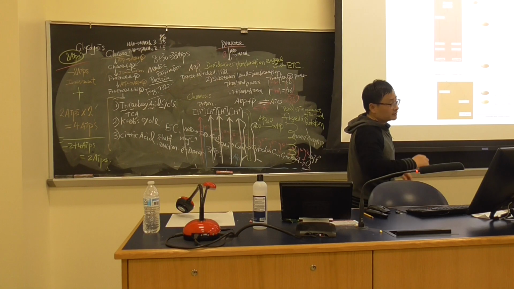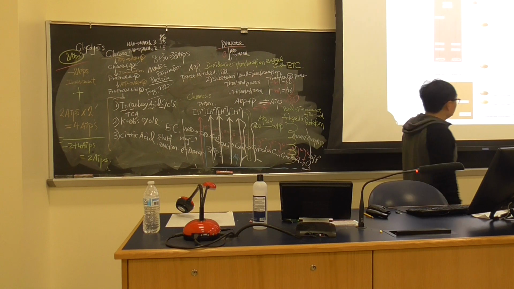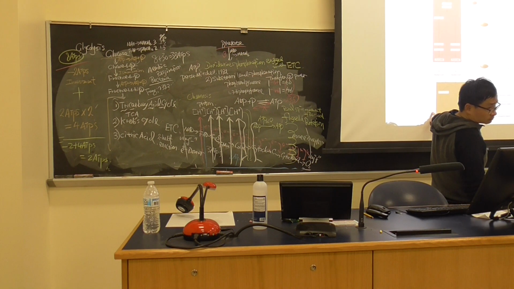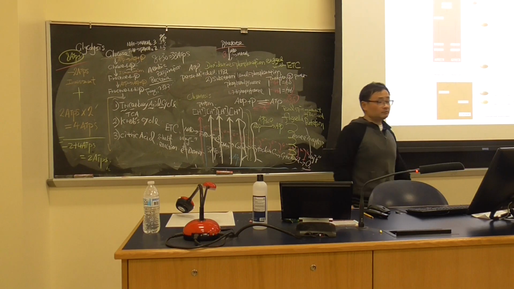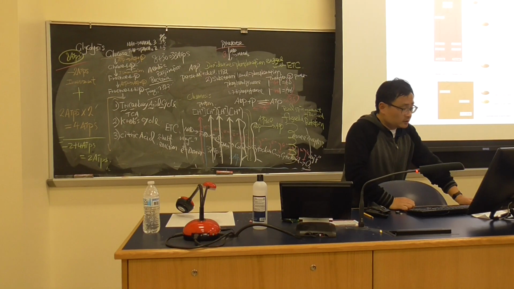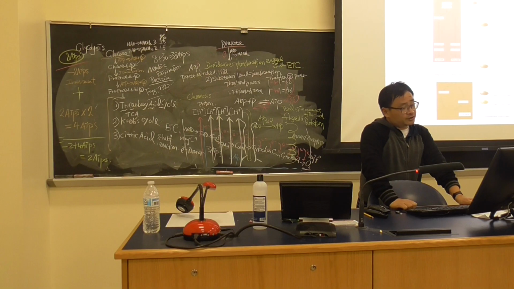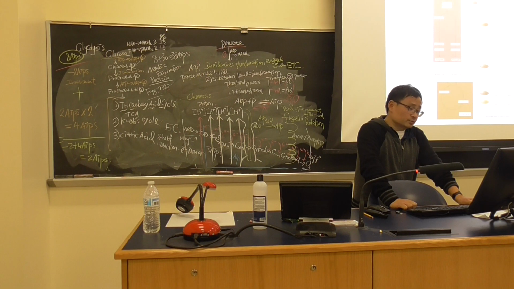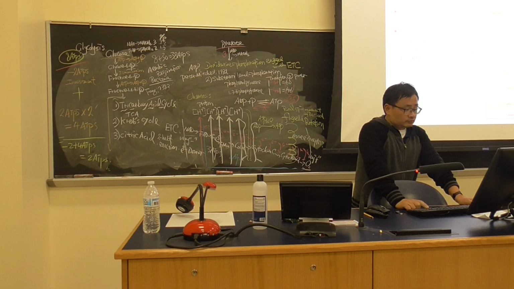And I have another slide here to help you. This is the old one. Okay, that's the 38 ATPs. So that's what we have. This will be a very important slide, can be used in the exam because it tells you the energy yield during the aerobic respiration.